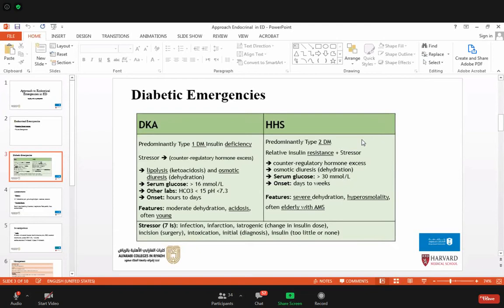So, key factors with diabetic ketoacidosis. Usually it happens with diabetes type 1, but honestly, nowadays I see many type 2 patients come to the emergency room with DKA. Stress is one of the big factors. Non-compliance with medications, if they're not taking the proper dose of their insulin, they would have hyperglycemia, and a few days later they would develop diabetic ketoacidosis.